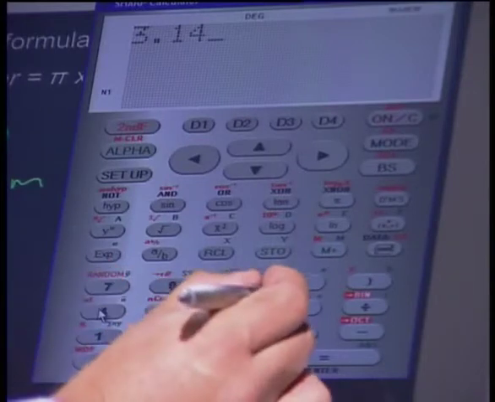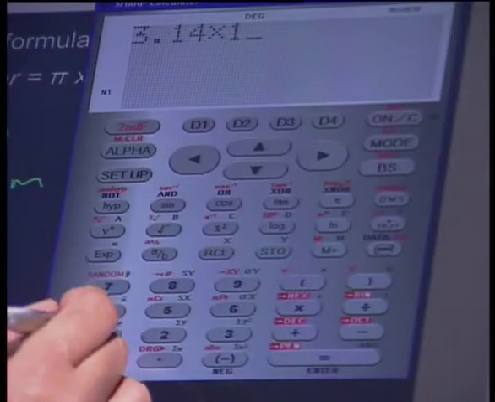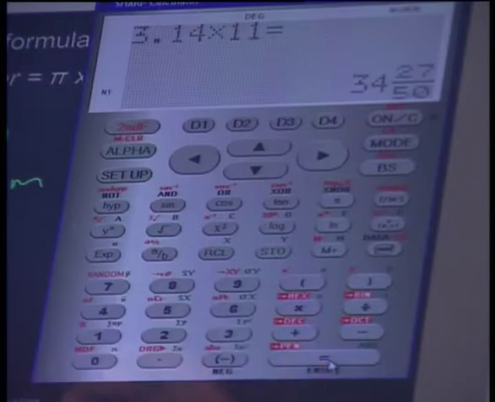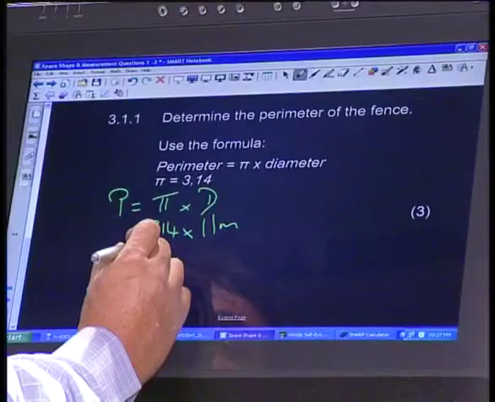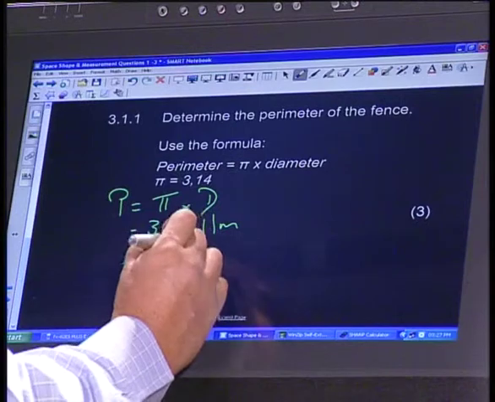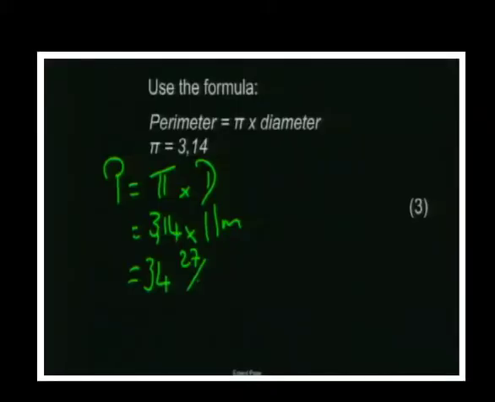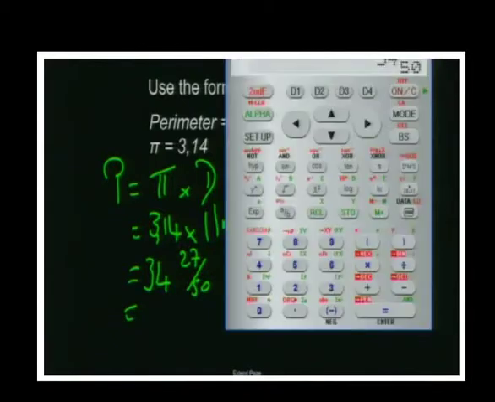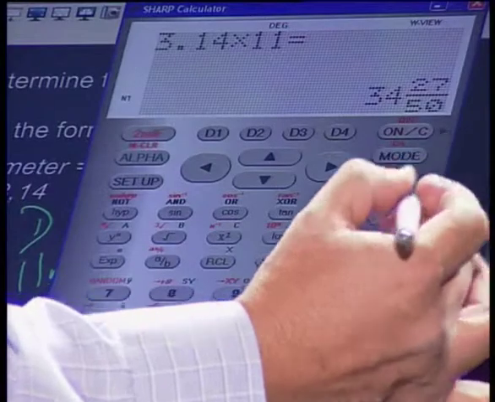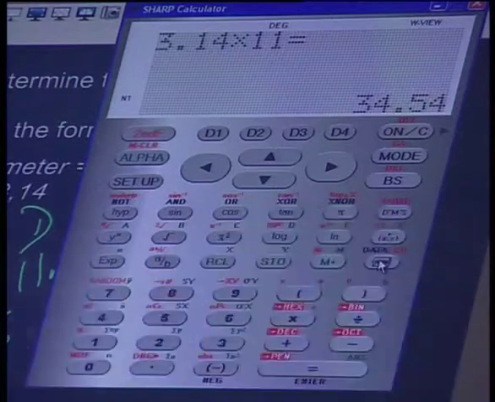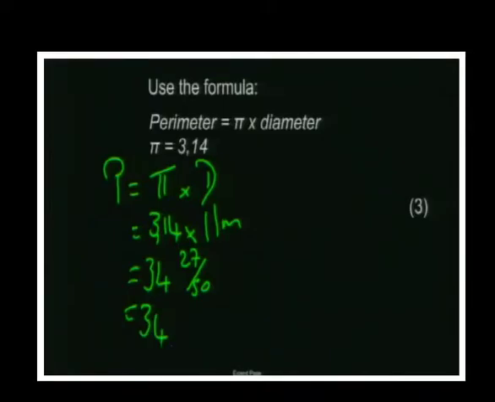3.14 multiplied by 11 equals, and there we get our answer of 34 and 27 over 50. Now I'm going to change that to a decimal, so let's get that on our calculator. We're just going to change it quickly, and there it is, 34,54 meters.